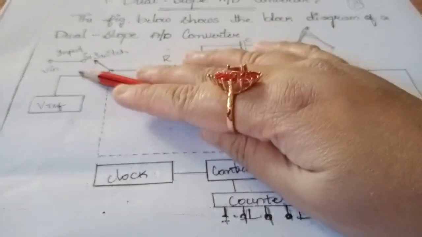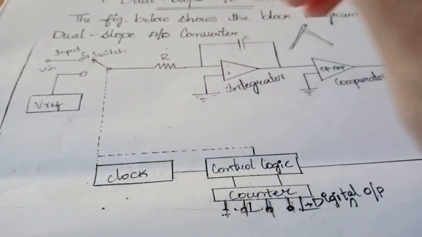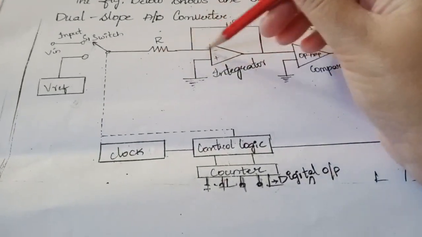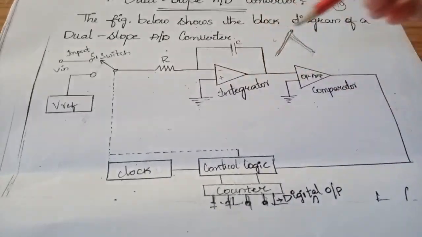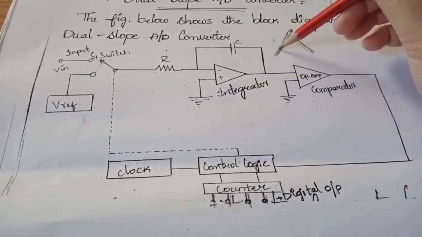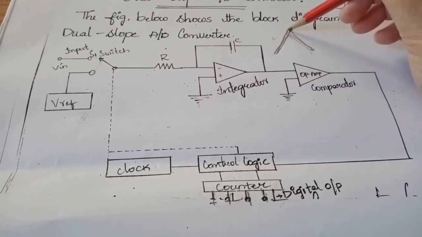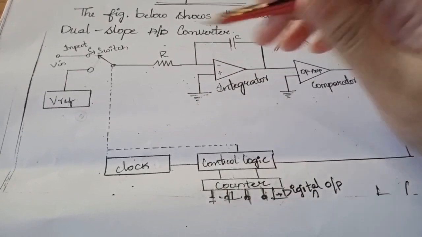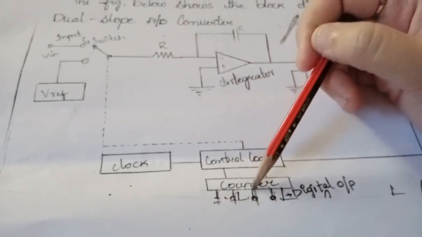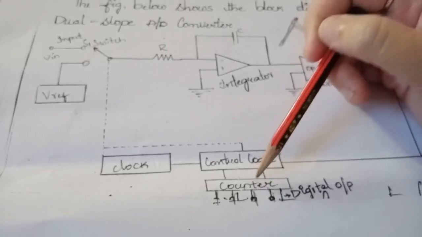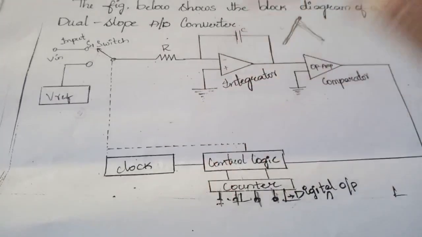When the switch is connected to Vin, meaning the variable analog voltage, it will pass to the integrator. In the integrator, the capacitor will start charging, till the highest peak. As it is connected to Vin, the counter is fixed. It will not change.